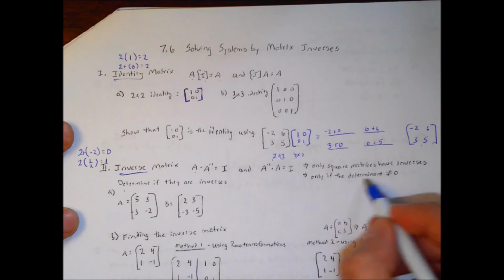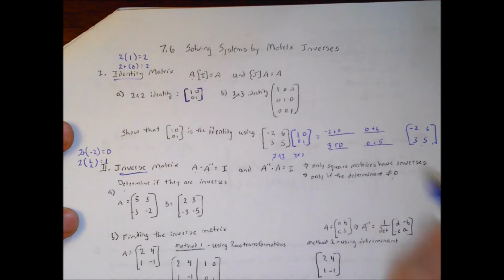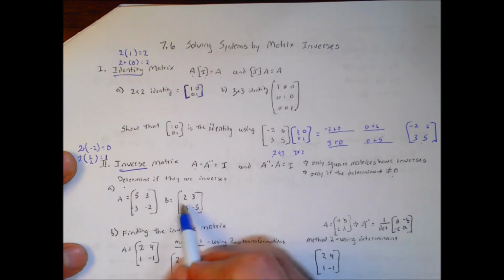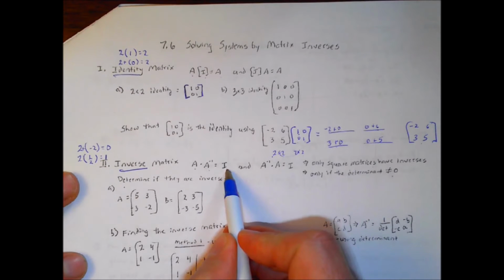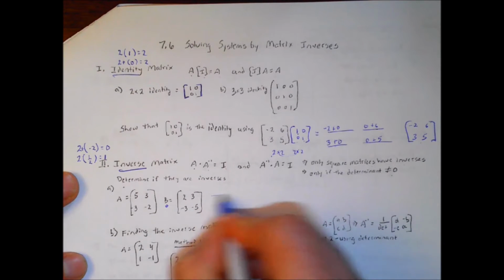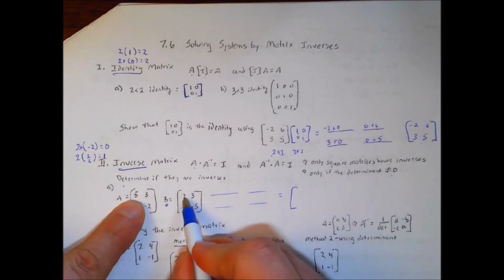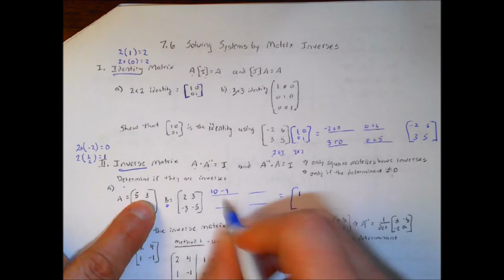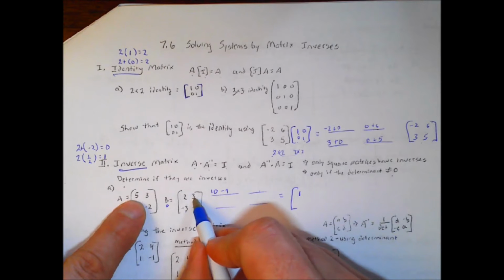So, how can I decide if these are inverses? Well, if these are inverses of each other, when I multiply them together, it should be the identity matrix, right? So let's multiply them. This would be 10 and negative 9, which is 1. This one here, 15 and negative 15, which is 0.